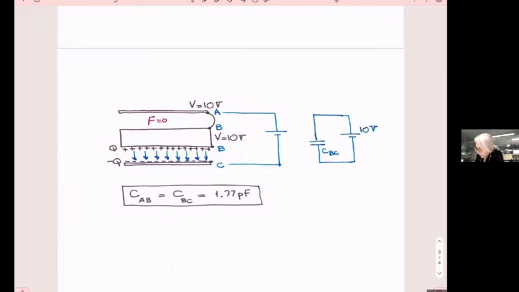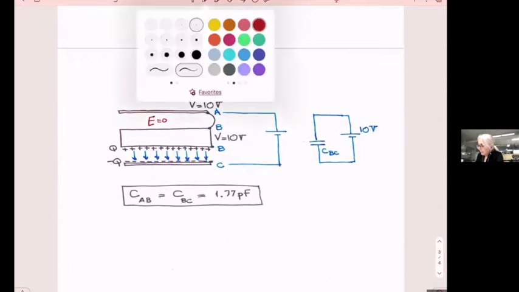Okay, zero field here. As a result, the only capacitor is going to be the CBC capacitor, because the CAB has been shorted. So I would say the total one, in fact, I have to remove this.